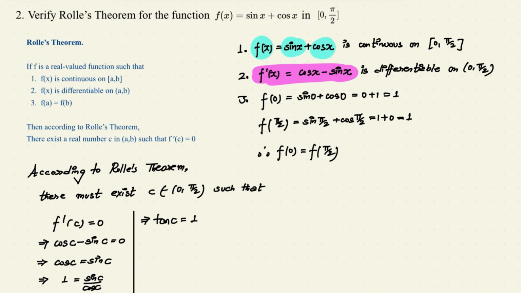Now since the interval is from 0 to pi/2, that is in the first quadrant, tan 45 degrees is 1. So we can write tan c as tan(pi/4). That means the value of c is pi/4, which belongs to the given open interval (0, pi/2), and hence Rolle's theorem is verified.